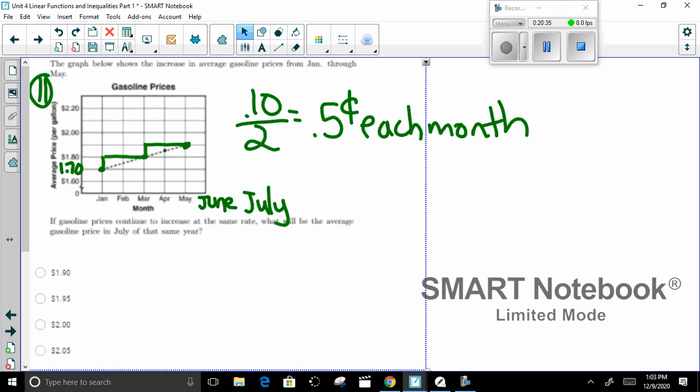April, what would April be? Well, it goes up 5 cents every month. 180 is here. April is like halfway between 180 and 190. That'd be 185. So if May is 190, June would be 195, and July would be $2.